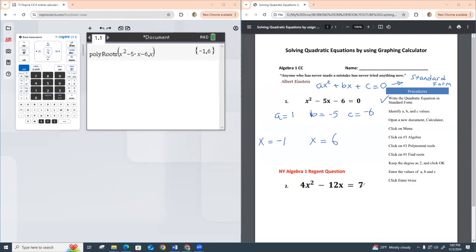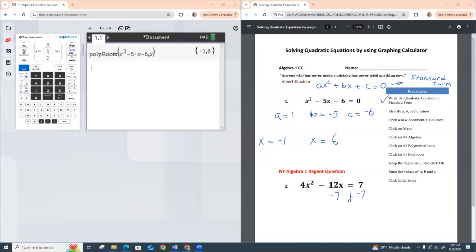So we have to write it in standard form first before we use the graphing calculator. So this 7, I have to get rid of it. We can get rid of this 7 by using inverse operations. It is a positive number, so we could do the opposite, which is subtraction. So we can subtract 7 from both sides.